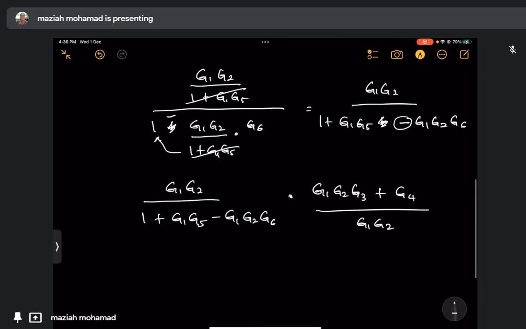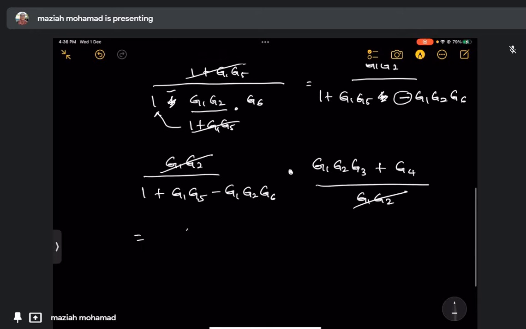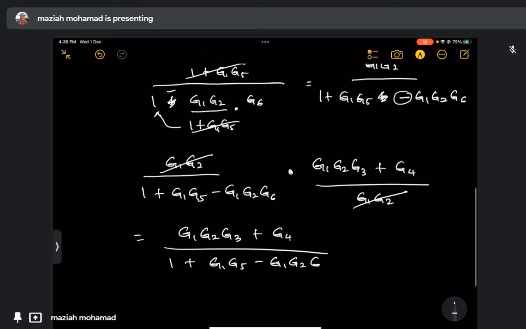Since it is multiplied, we can cancel these two. So it will become G1 G2 (G3 plus G4) divided by 1 plus G1 G5 minus G1 G2 G6.